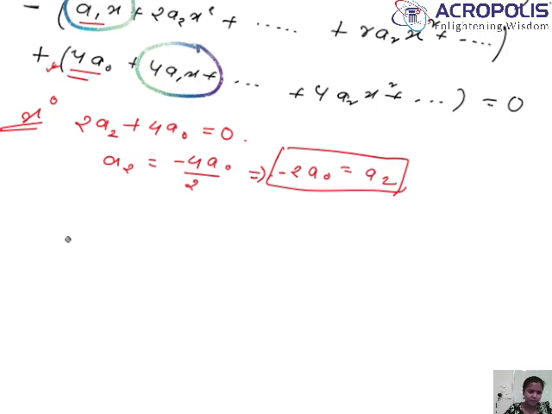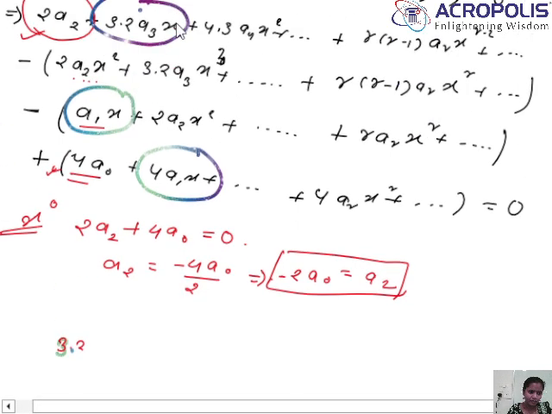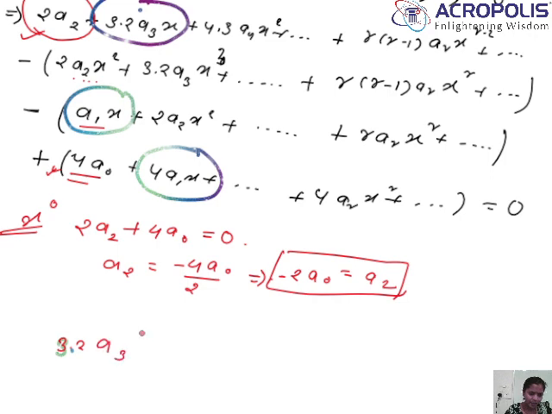This is 3 dot 2 a3, minus a1 (this minus sign, okay), plus 4a1 is equal to 0.